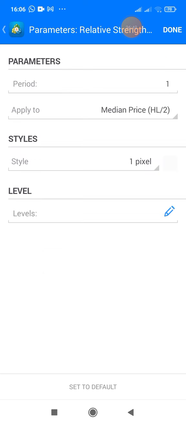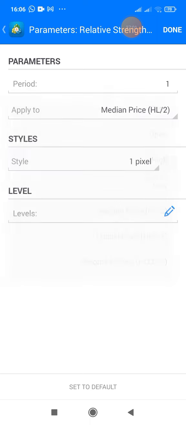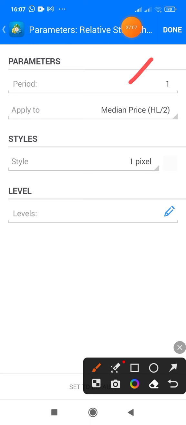So let us go to relative strength index. Those are the settings. Period is 1, medium, that one, then you press done.